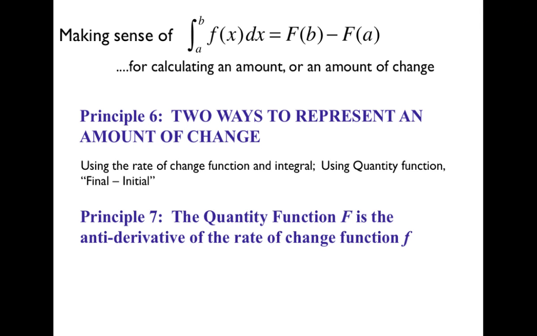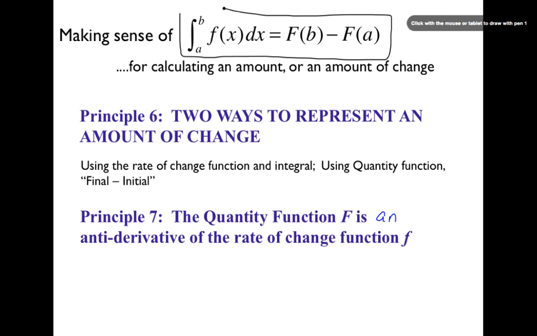The quantity function capital F is an antiderivative of the rate of change function little f. Functions have more than one antiderivative. And so that makes sense of the whole thing. We started with rate of change, and we ended up with the meaning of that equation, the meaning of the fundamental theorem.